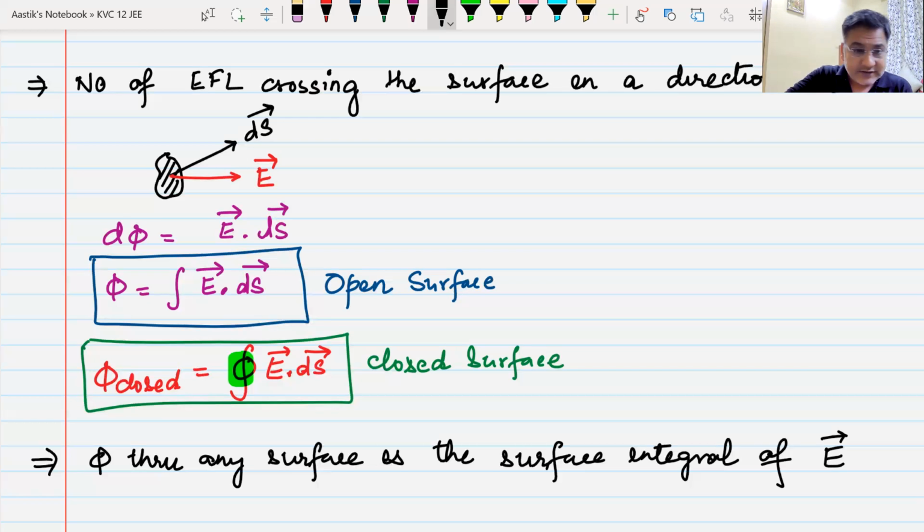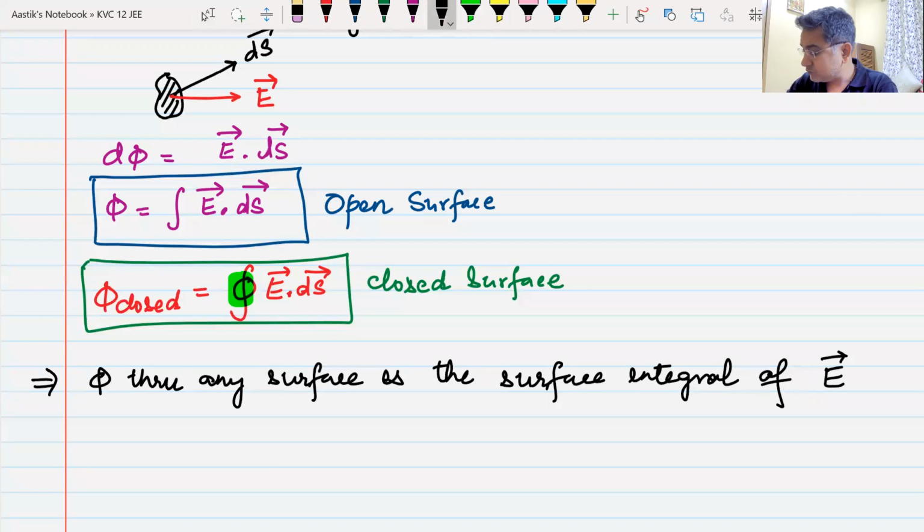What type of quantity is flux? Electric flux or magnetic flux or gravitational flux? What type of quantity is electric or gravitational flux? Vector or scalar? It's a scalar quantity. The SI unit.